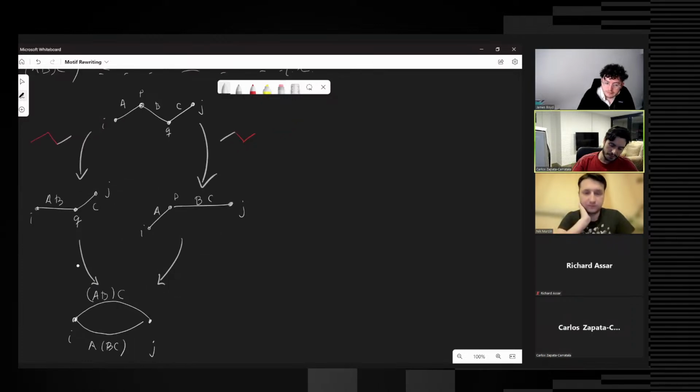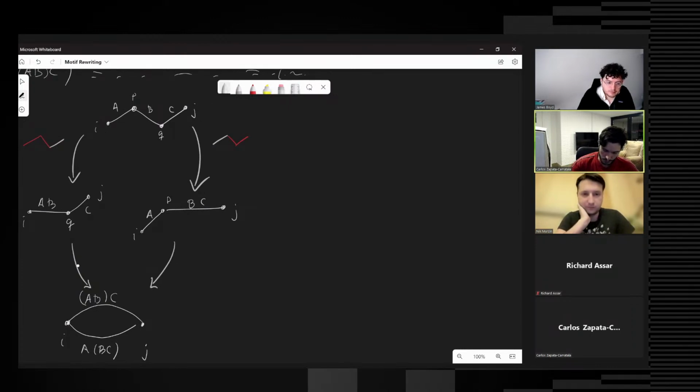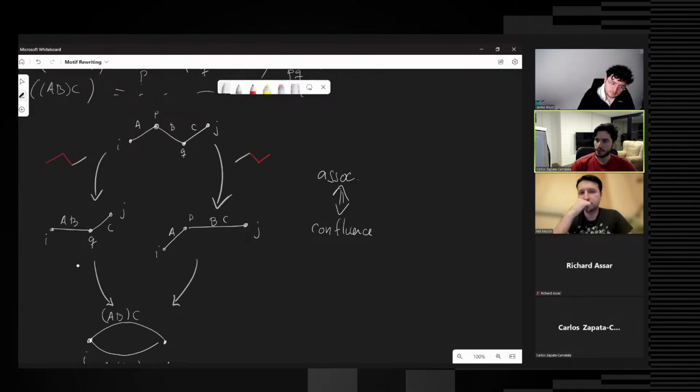So associativity is basically, in the context of rewrite, confluence on the one hand. But on the other, it's not just confluence, but it's confluence of a rewrite system that had overlaps, right?